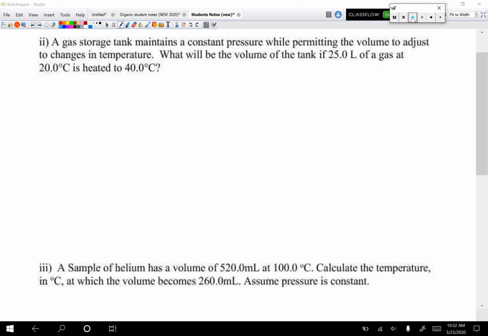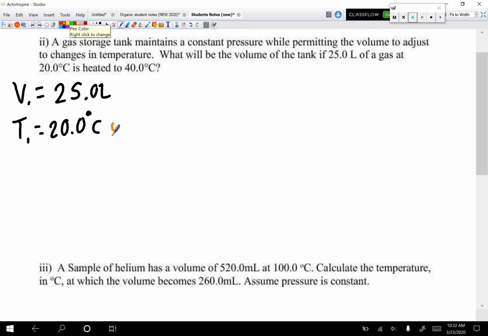All right. So writing out all of the variables, what we have right here, you can read through, but we start off with V1 is equal to 25.0 liters. Now our gas, our original temperature, T1, is 20.0 degrees Celsius. So remember, we have to add our 273, and we have our new temperature of 293 Kelvin.